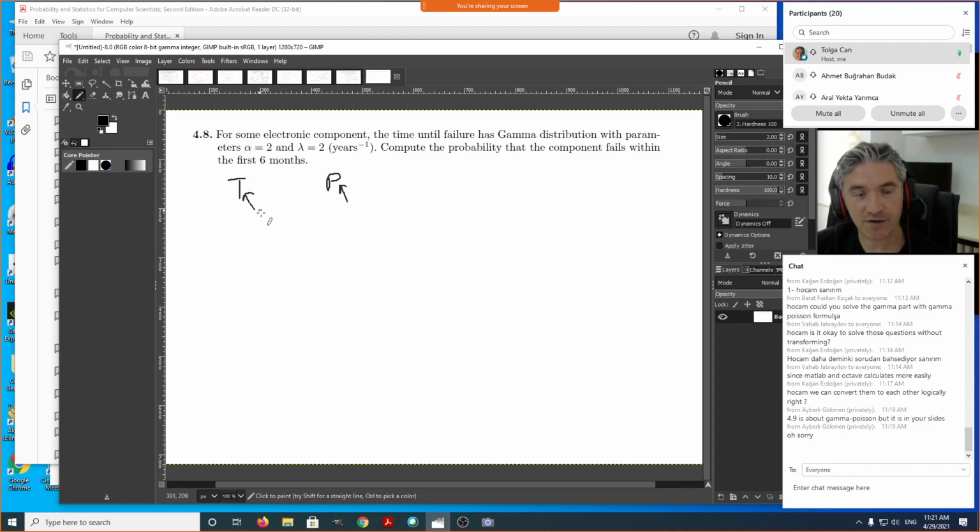T is gamma, which is continuous. T has parameters alpha equal to 2 and lambda equal to 2, given in years. We are asked what is the probability that the component fails within the first 6 months. So the probability that T is less than 0.5 in terms of years.